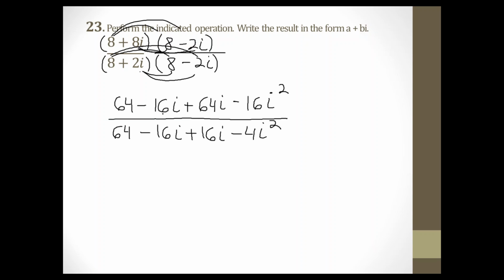Okay, simplifying top and bottom, right here I got two like terms, I can combine them, and I'm going to end up with 64 plus, and 64 minus 16, that should be 48i.